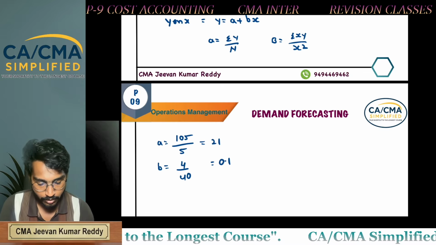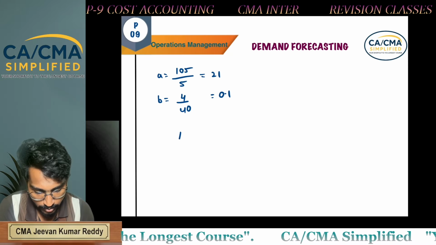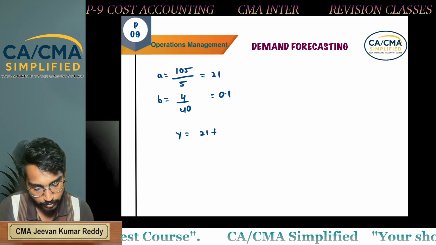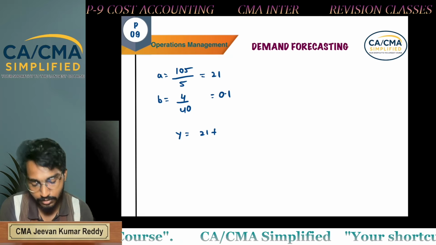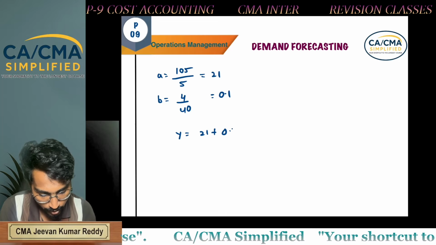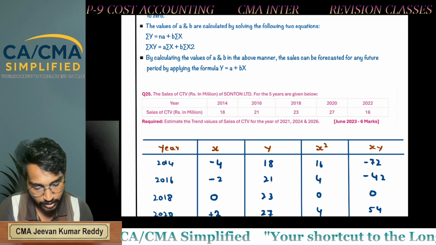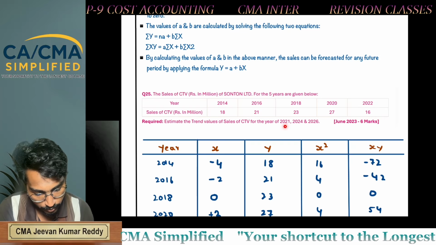Now y is equals to a plus bx, that is 21 plus 0.1 into x. What is x, for which year he asked? For 2021.